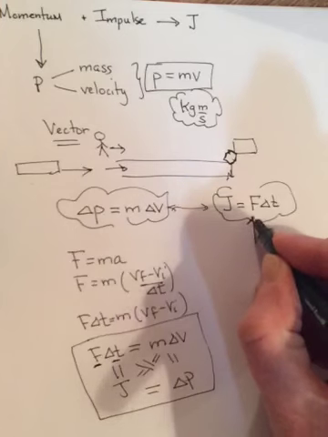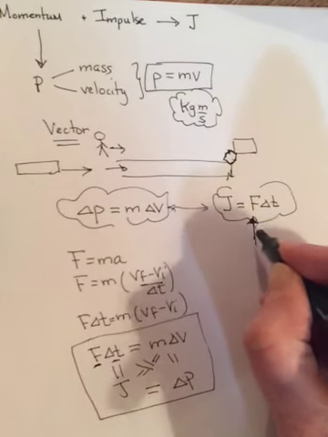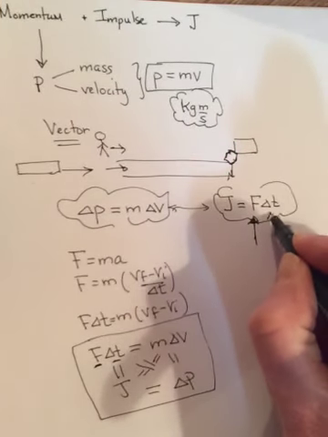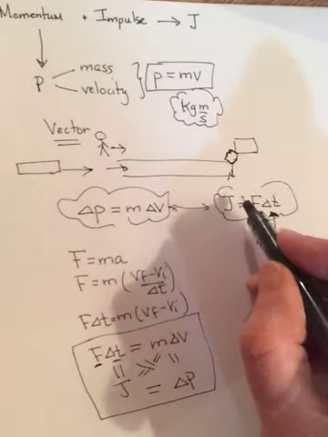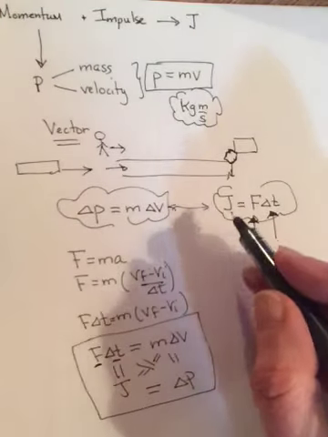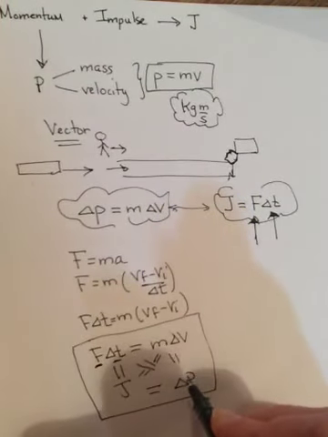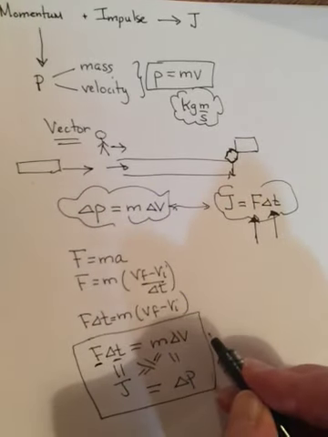Because I'm maybe limited by the amount of force I can put on because of my muscles. But if I follow through, I'm increasing the delta T. By increasing the delta T, I'm making the impulse that I'm putting on that object bigger. And if my J is bigger, my change in momentum will be bigger, and so the object will be able to go further.